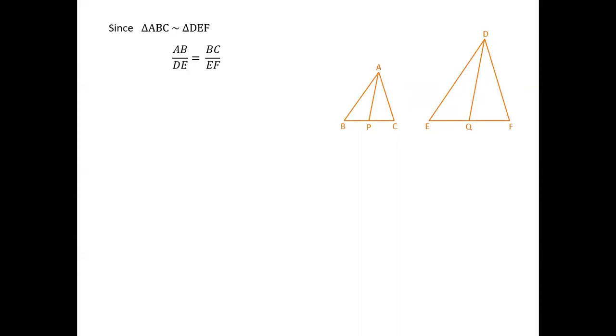Now, BC is double of BP because P is a midpoint, so you can write BC as 2 BP, and EF can be written as 2 EQ. So the 2 cancels, and it will be just equal to BP upon EQ. Let's number this as second.